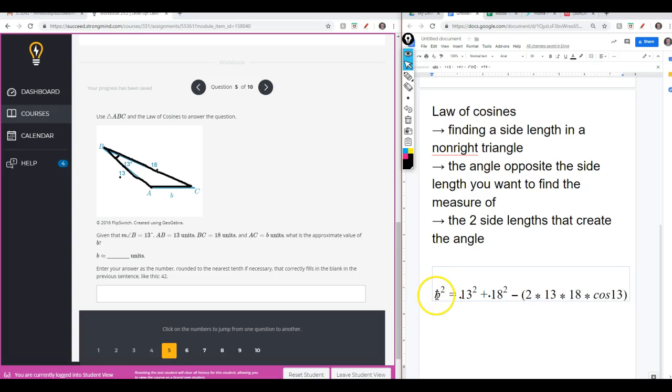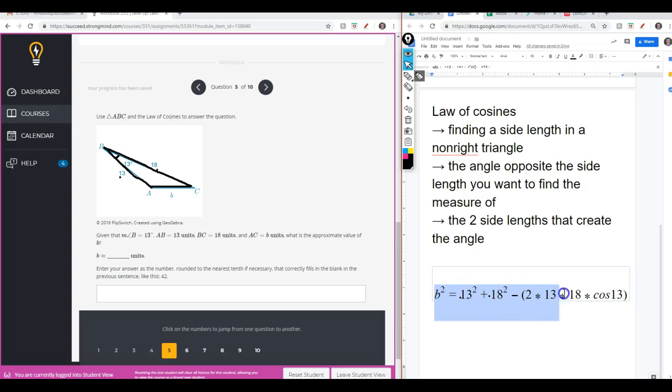So the side length I want, being squared, is equal to the remaining two side lengths, so 13 squared plus 18 squared, minus, in parentheses, 2 times those side lengths again, 13 times 18, times cosine of the angle opposite the side length I want to find. So that's 13 degrees.